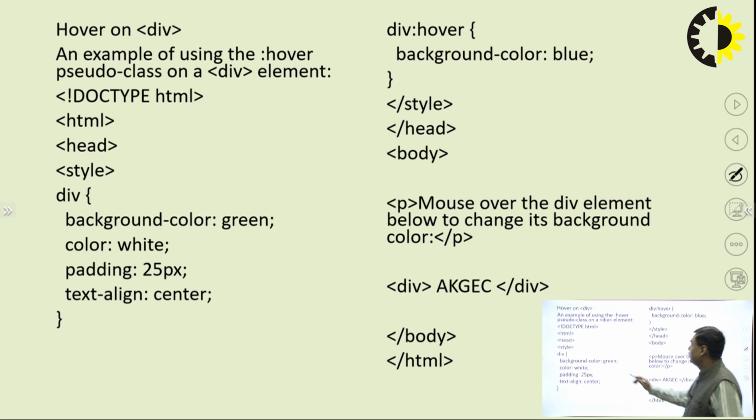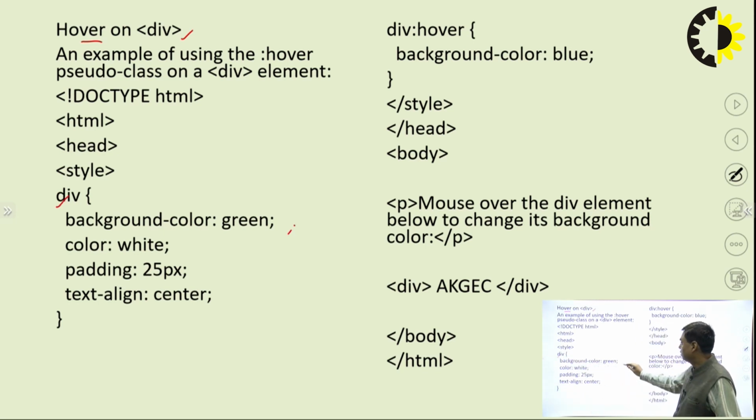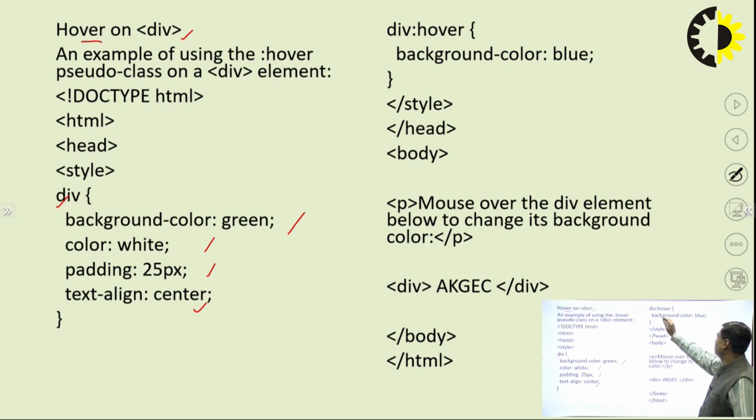Next we are putting the pseudo class hover on the div element. We have a div element with background color green, color equal to white, padding 25 pixels, and text align center. Now we are using div hover as the element here. The first element is without the hover; we are just setting the styles.